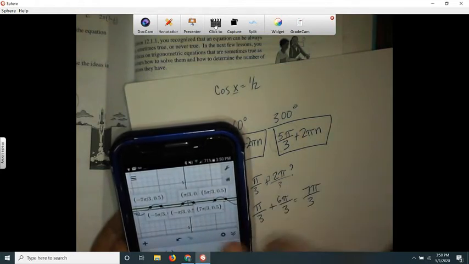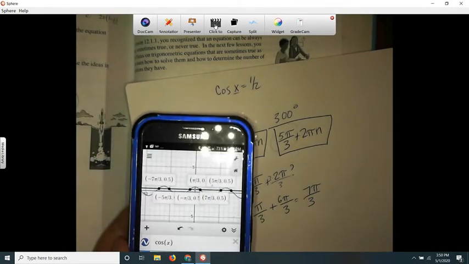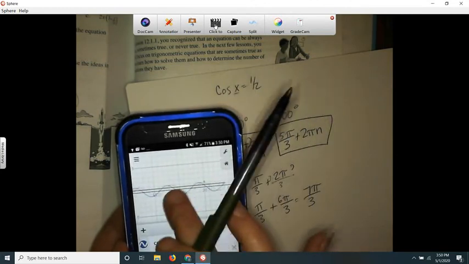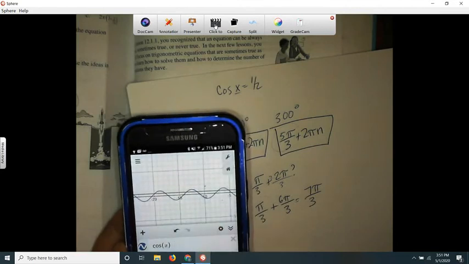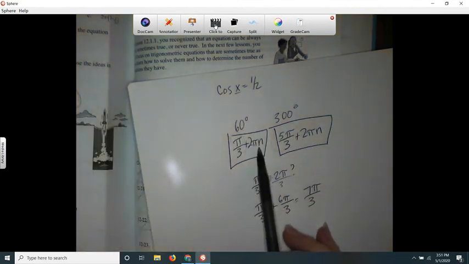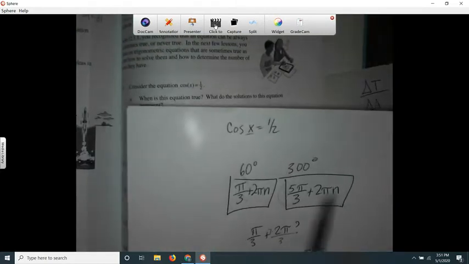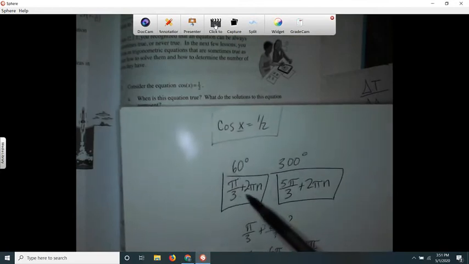They're all separated by 2 pi. Even if I want to go that way or that way, it's 2 pi n. n is however many times I want to keep going around and around. So this is the proper way to write all the solutions. It's the 2 pi n. You've got to remember that.